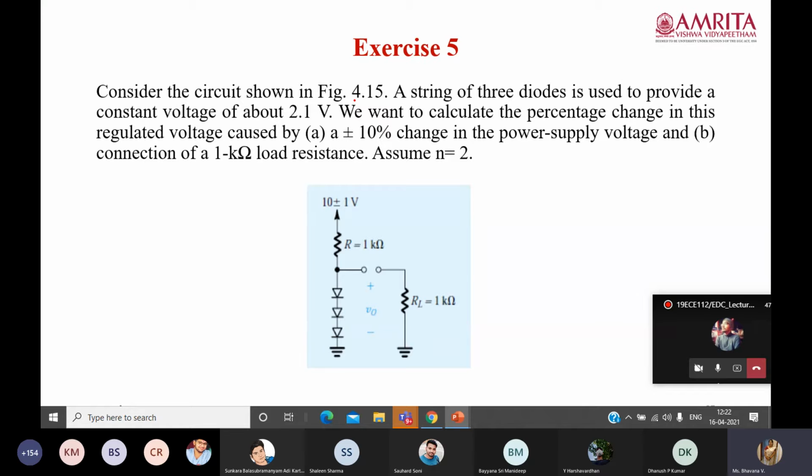So this is also an application of a diode small signal model as a voltage regulator. Assume n is equal to 2. So change here you have to find out.